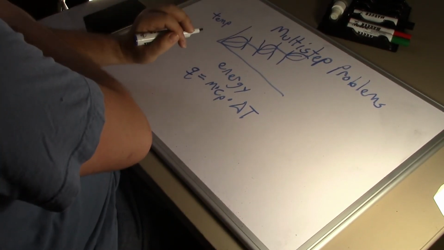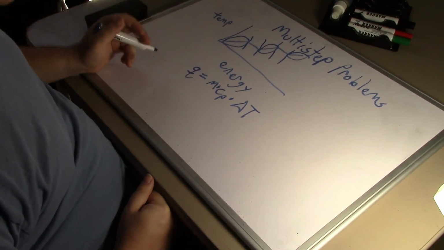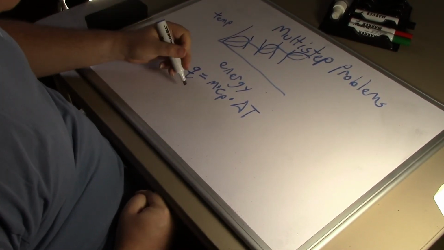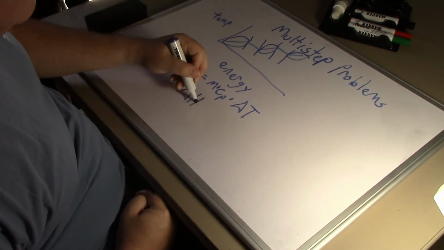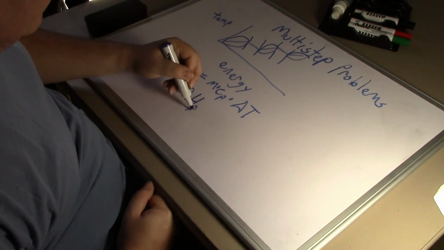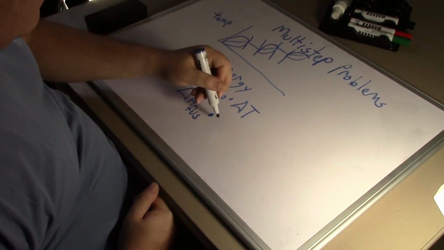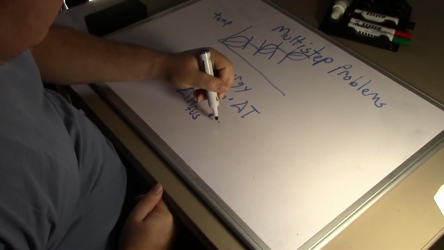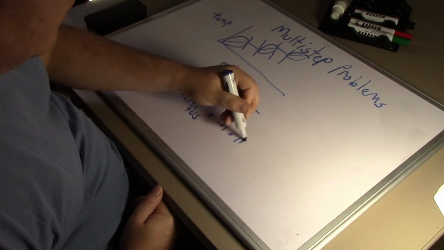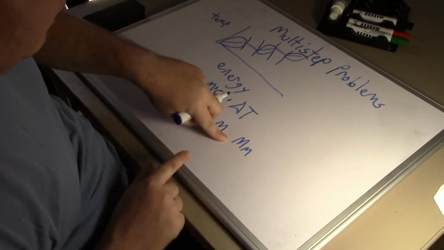Then, for the change of state ones, we're going to be using a different formula. In this case, we'll need the delta H for that particular substance times the mass divided by the molar mass.